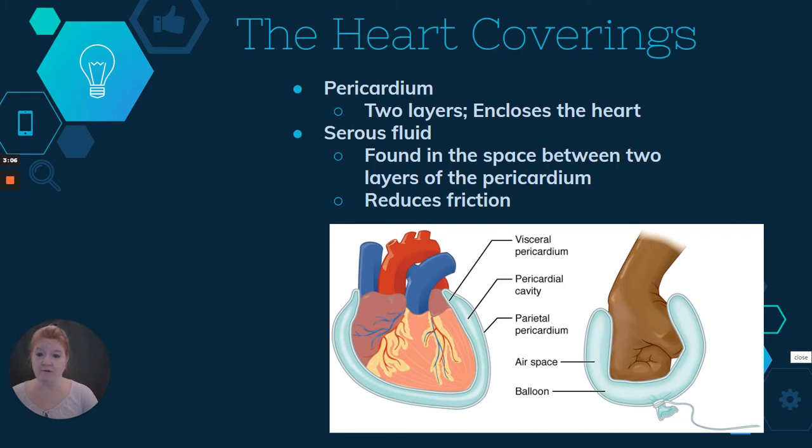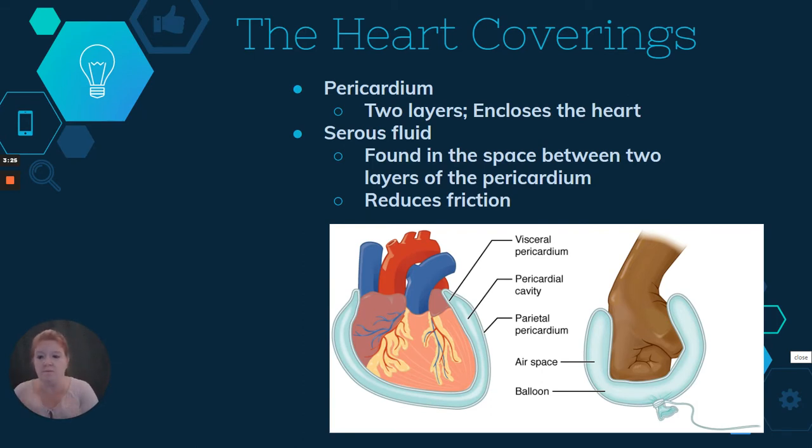What are the heart coverings? Well, there's the pericardium. It's 2 layers. So you can see kind of like that balloon is being pushed in. So it's the sac that surrounds the heart, but it has 2 layers. Okay. And then there's fluid between the layers, which help to reduce friction.